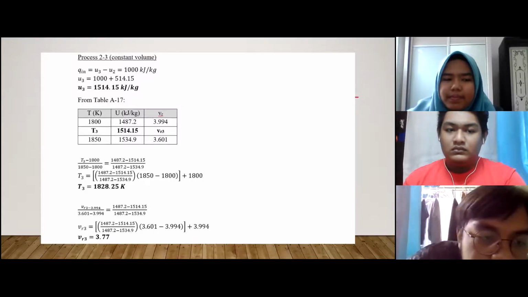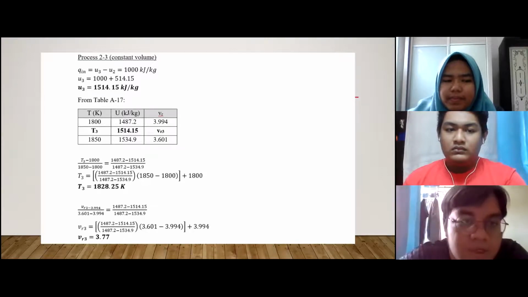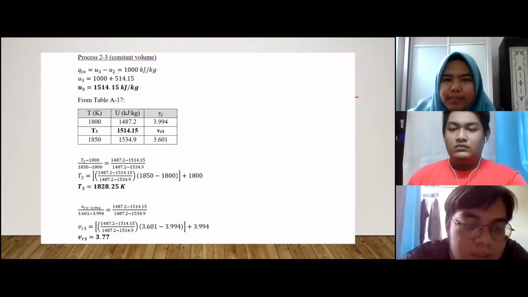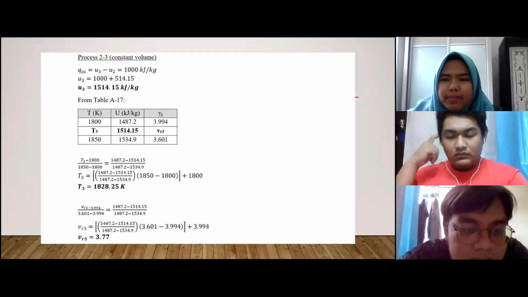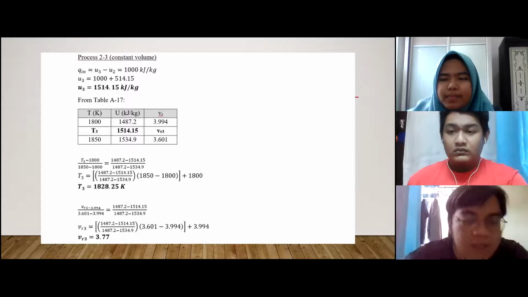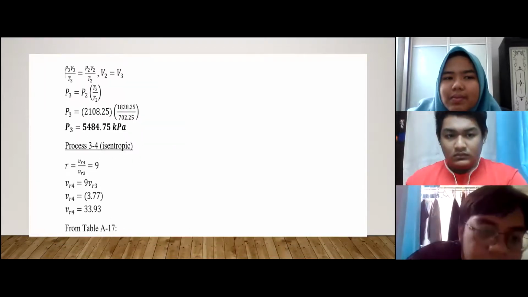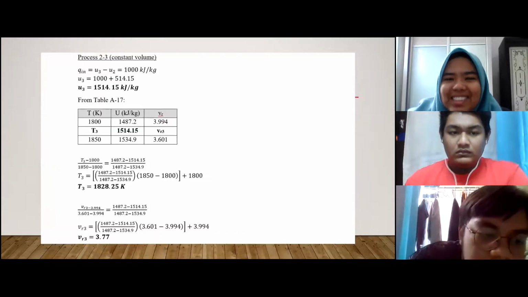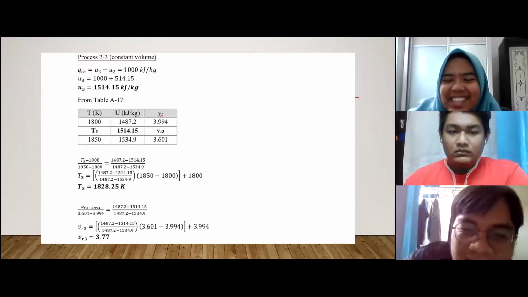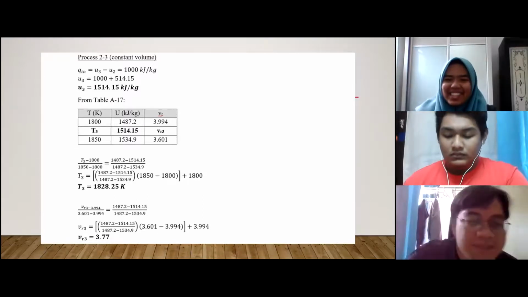To calculate T3 for process 2 to 3, we're going to use interpolation also. We get the U from above and look at table A17. U3 is between 1487.2 and 1534.9.